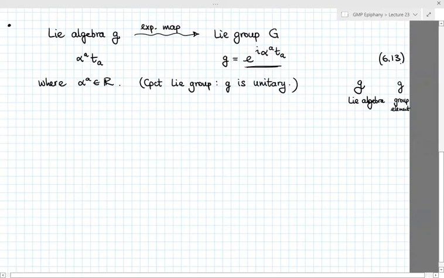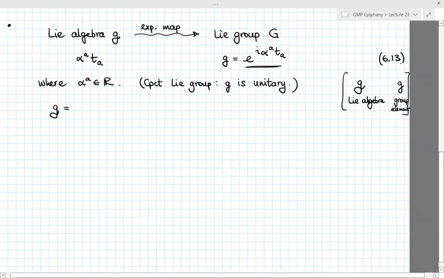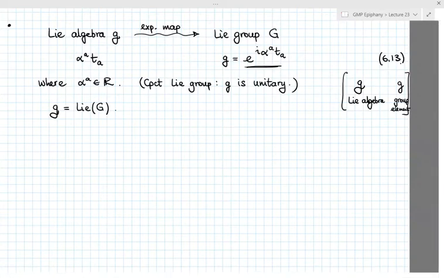But hopefully it will be clear from the context which of the two I'm talking about, and when you look at the typewritten lecture notes, hopefully the distinction will be clear. And sometimes I will write, for the Lie algebra of the Lie group capital G, Lie of capital G, which will hopefully avoid confusion. Anyway, let's continue.